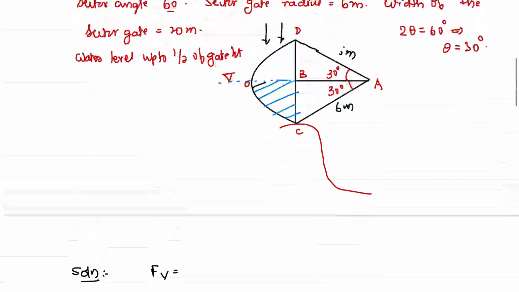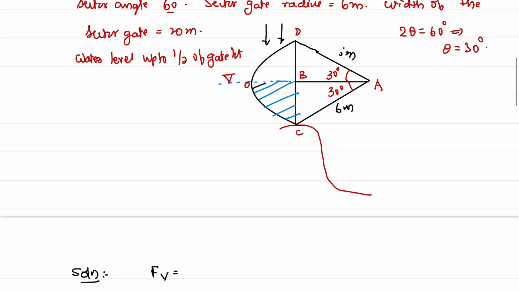Let us go for the solution. Horizontal force we have calculated already. Vertical force acts on the area BOC. Vertical force is equal to area of BOC into pressure. What is pressure?